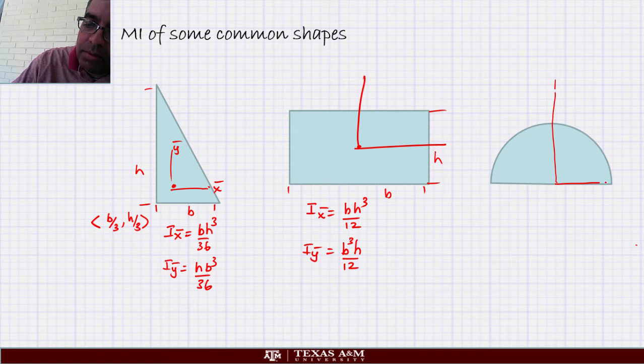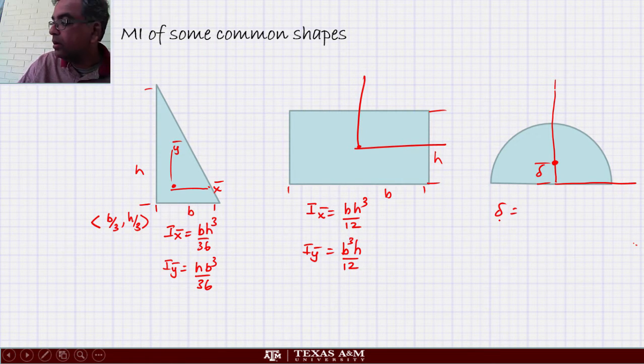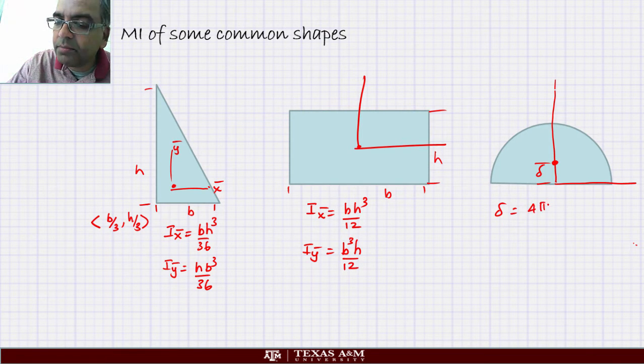For a semicircle, the center of mass is somewhere there. So this distance is 4r over 3 pi.